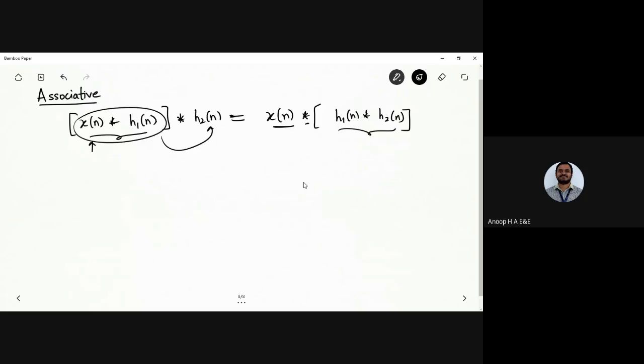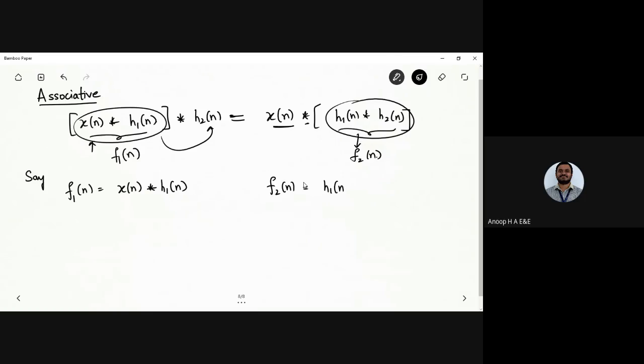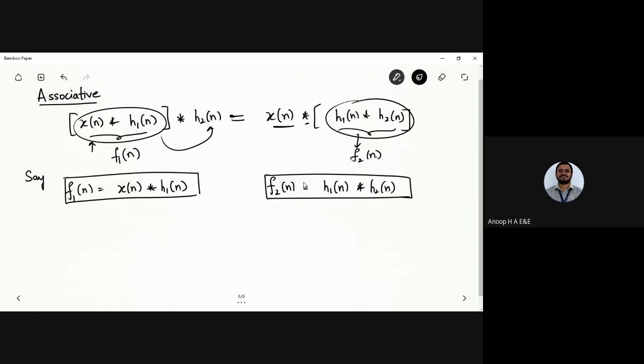Say f1 of n is equal to x of n convoluted with h1 of n, and f2 of n is h1 of n convoluted with h2 of n. So f1 and f2 are listed out here.